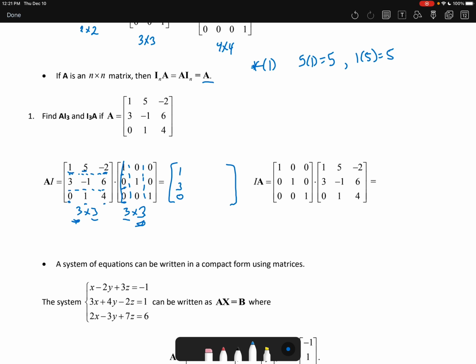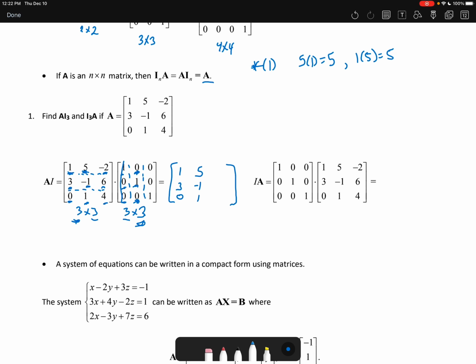Repeat with the second row. 1 times 0 plus 5 times 1 plus negative 2 times 0 is 5. 3 times 0 plus negative 1 times 1 plus 6 times 0 is negative 1. 0 times 0 plus 1 times 1 plus 4 times 0 is 1.